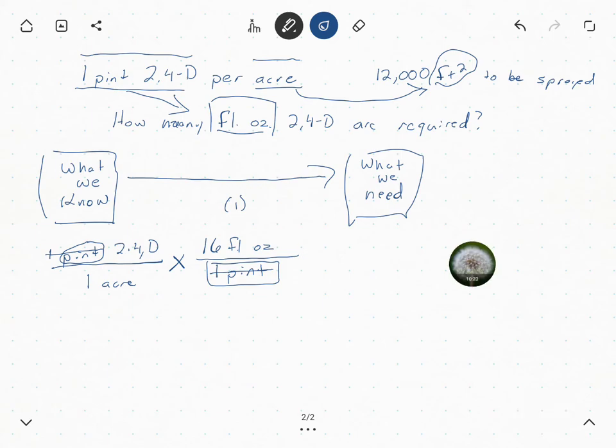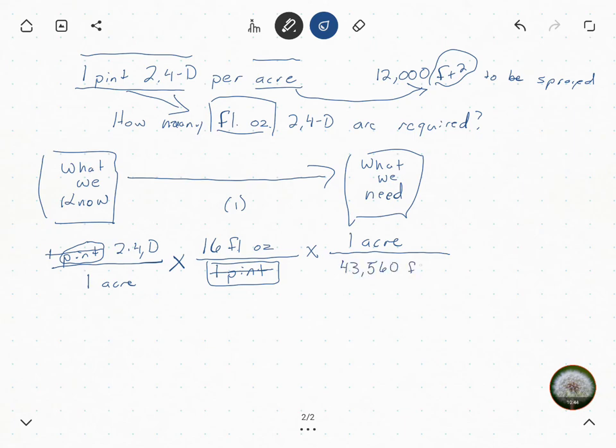So we're going to do one more unit conversion. And we know that 1 acre, again, because it's in the denominator here, we want to put it in the numerator over on this side, is equal to 43,560 square feet. So that allows us to cancel acres out.